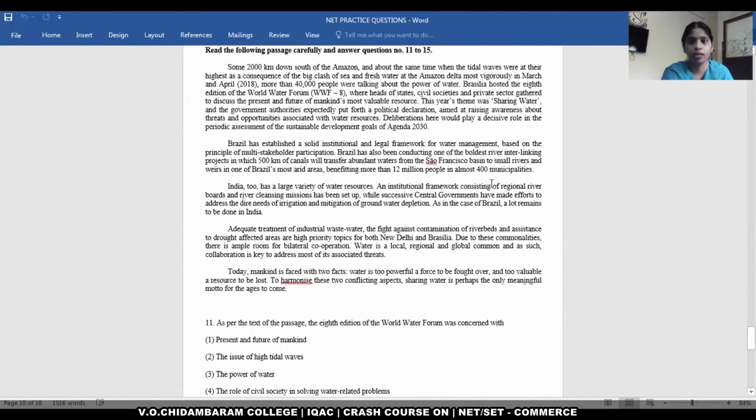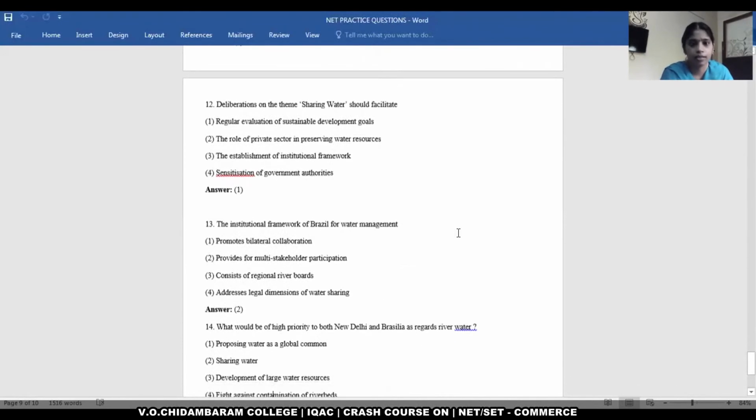Yes. Institutional framework of regional water has been set up while successes to address the dire needs of irrigation and mitigation of groundwater depletion. Here, based on the principle of multi-stakeholder participation. So the answer is yes, of course.